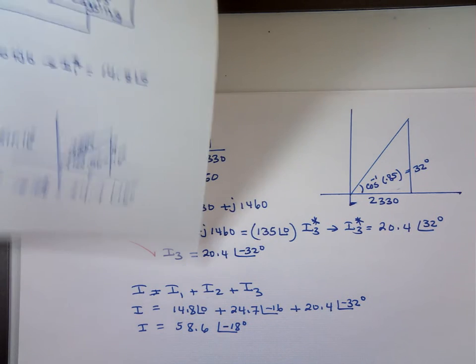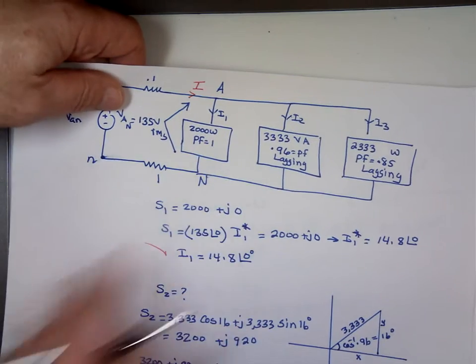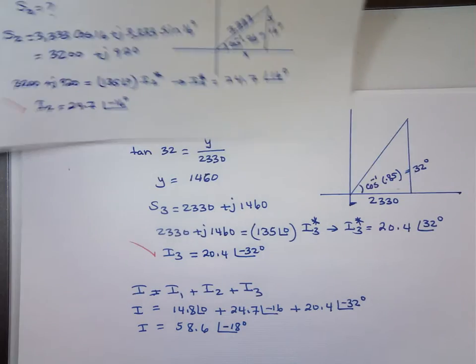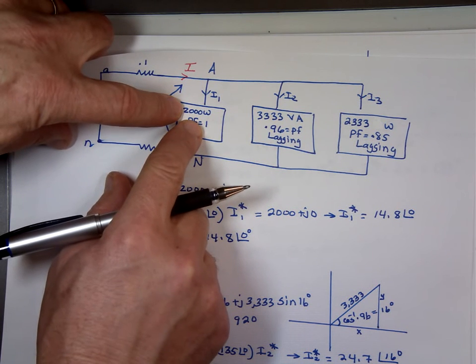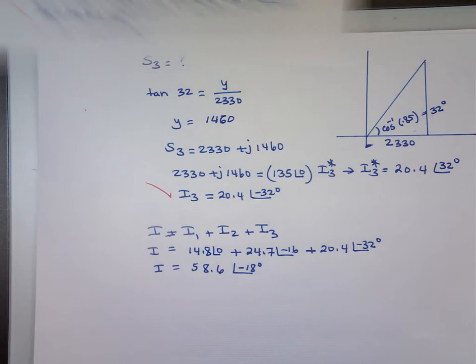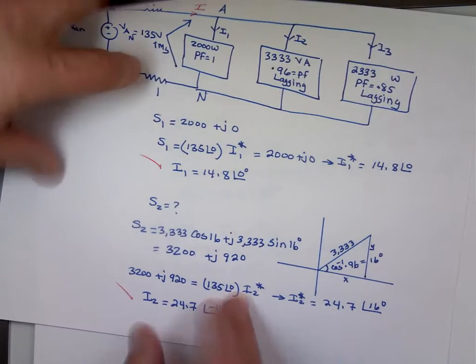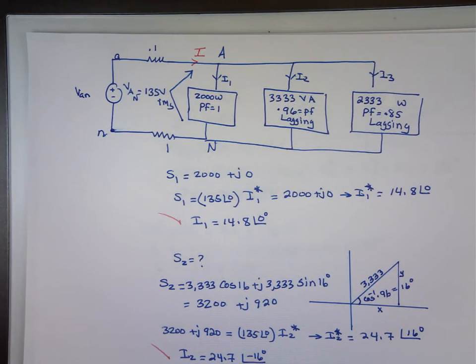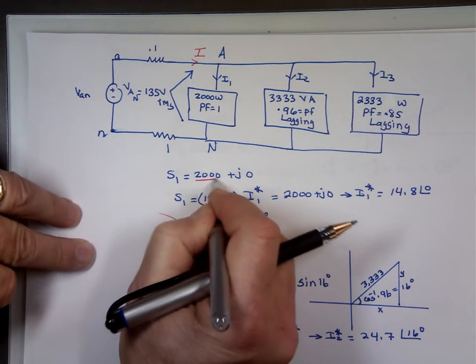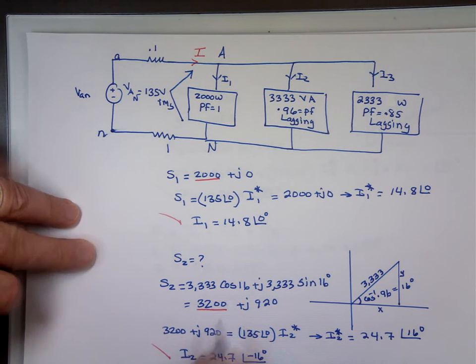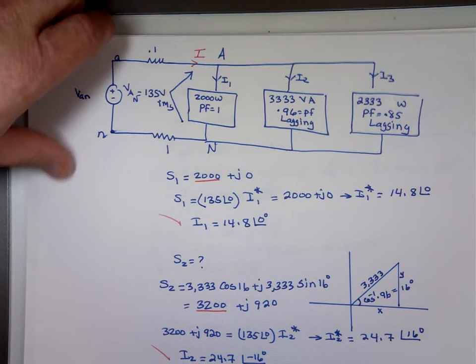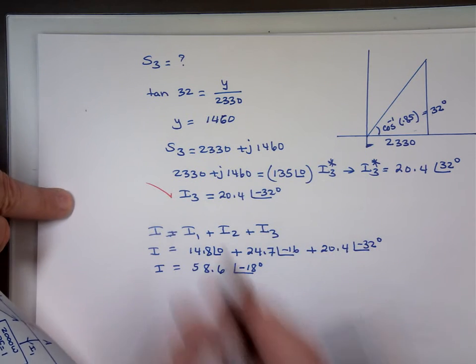So how much by the first one? The first one, the average power, the real power, was 2,000. The second one was what? 3,200, that's the average power, the real power. And the last one is 2,330.